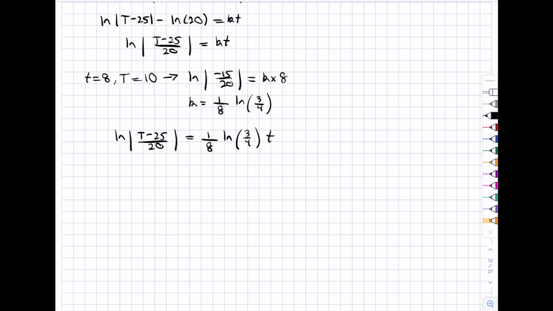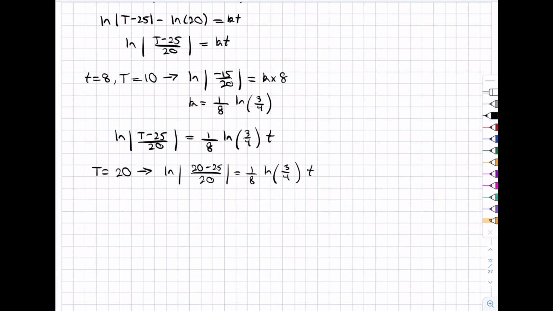So what I might do, actually, we'll just substitute in. No, we're substituting capital T. So when capital T is 20, we get log of |20 minus 25| on 20 equals 1 on 8 log of 3/4 times t.